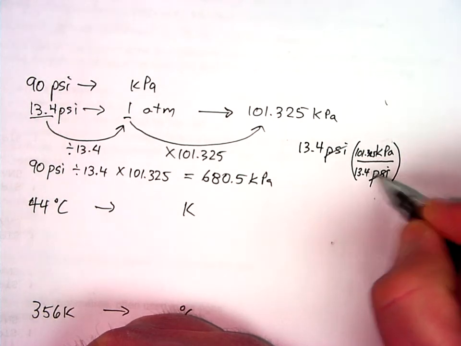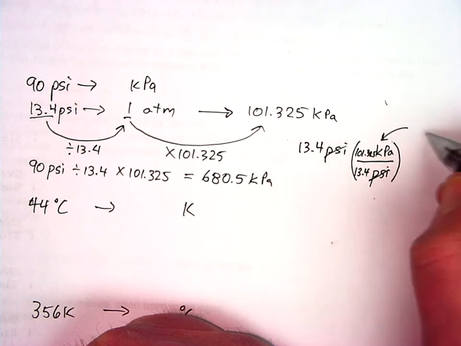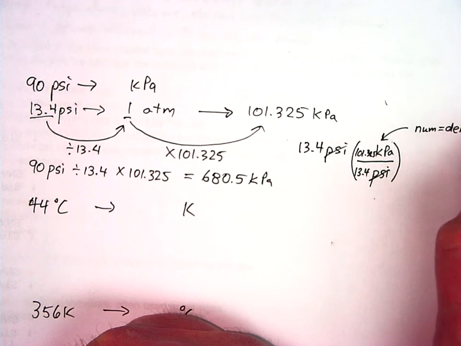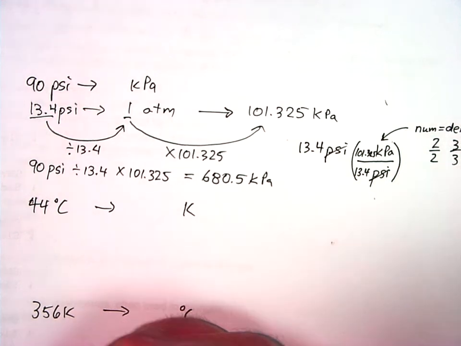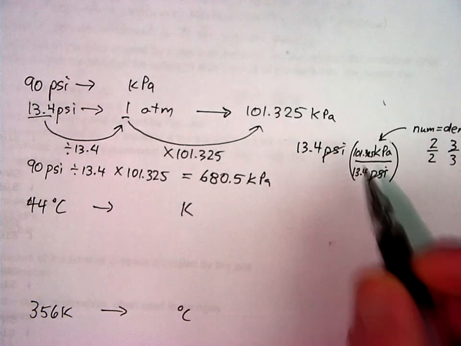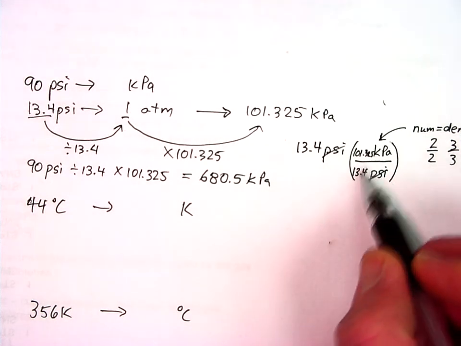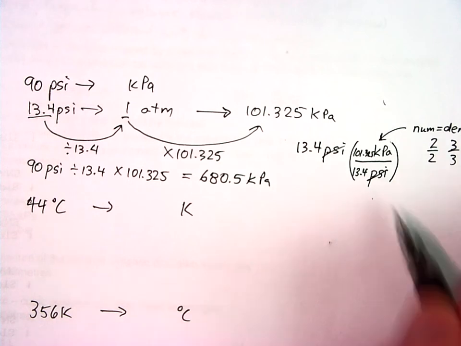Because I've got the psi, these things are equal to each other, so any fraction where you have the numerator equals the denominator, just like even if it had numbers in there, 2 over 2 or 3 over 3, that's always going to be equal to 1, because you're taking the number and you're dividing by that same number. These two things aren't the same numbers, but with their units, they are the exact same values. Okay, so that's the idea.